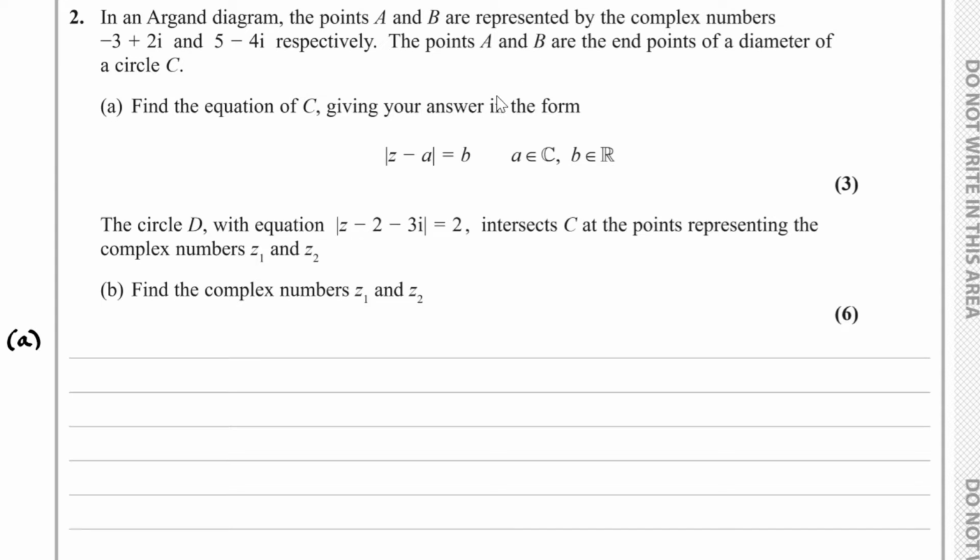So to do this, if we have A and B which are the endpoints of a diameter, then the center will be the midpoint of A and B. So let's just write that down.